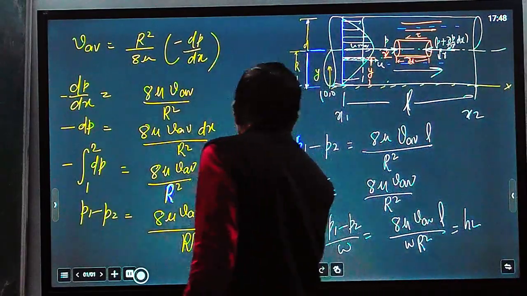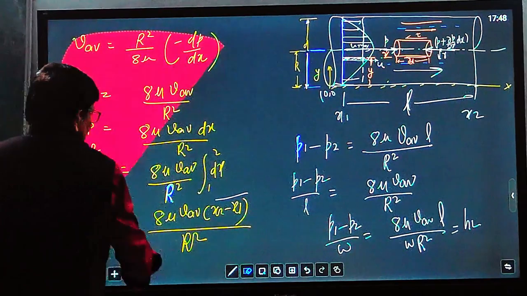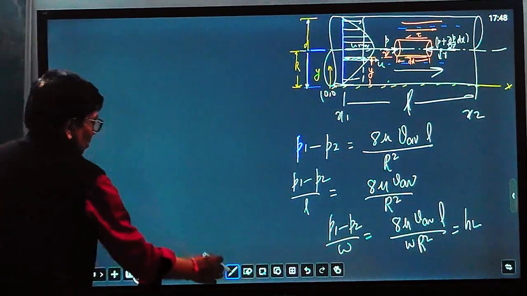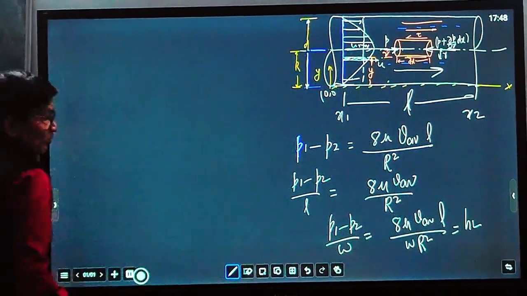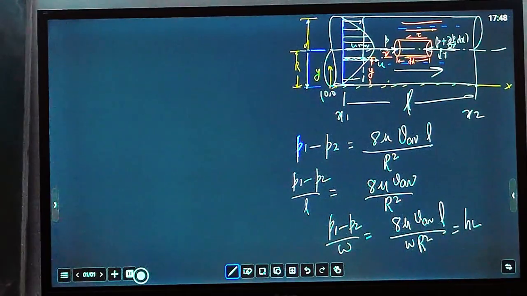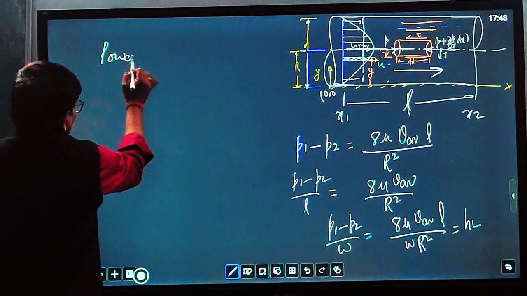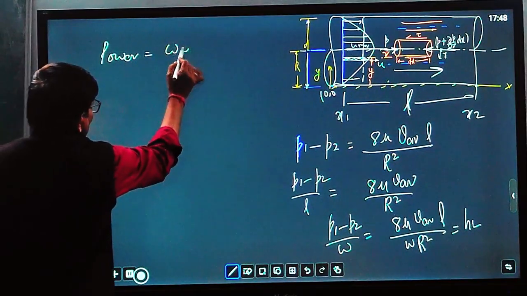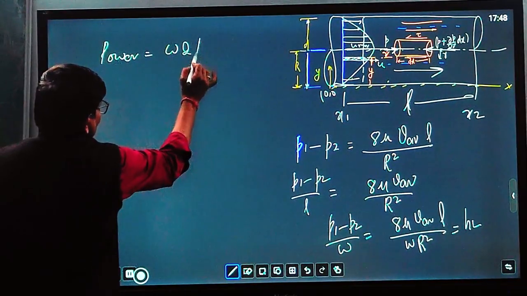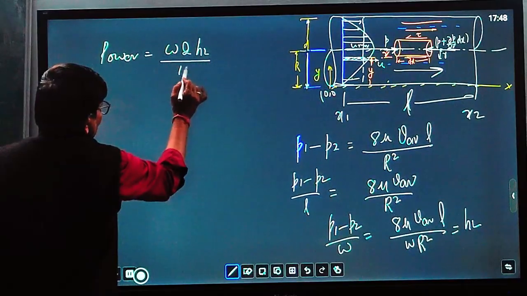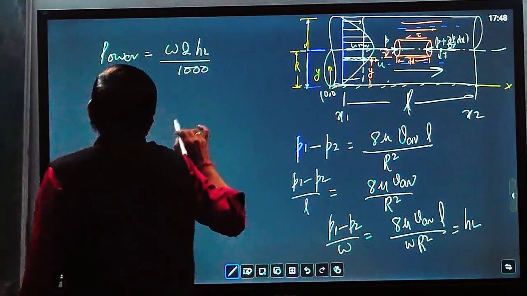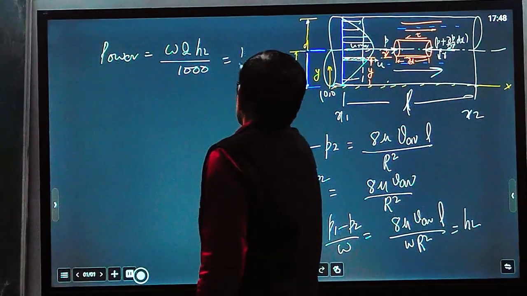On that basis, we can find the power required to maintain the flow, because once you get the head loss, you can get the power required. Power required equals omega Q HL upon 1000. If you divide by 1000, you get the unit kilowatt.